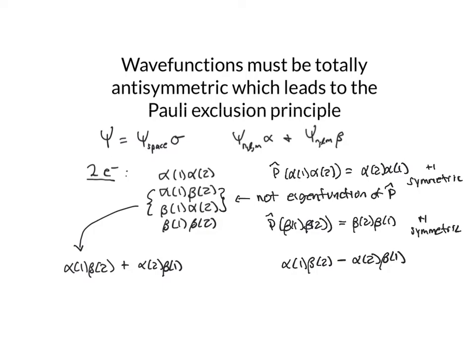And these will be eigenfunctions of the exchange operator, just like we saw with the spatial wave functions. This one is going to have an eigenvalue of +1, so it is symmetric. And you can convince yourself that this one has an eigenvalue of -1, and so it's anti-symmetric. And so for two electrons, we have 4 possibilities for the spin wave functions. 3 are symmetric, and 1 is anti-symmetric.